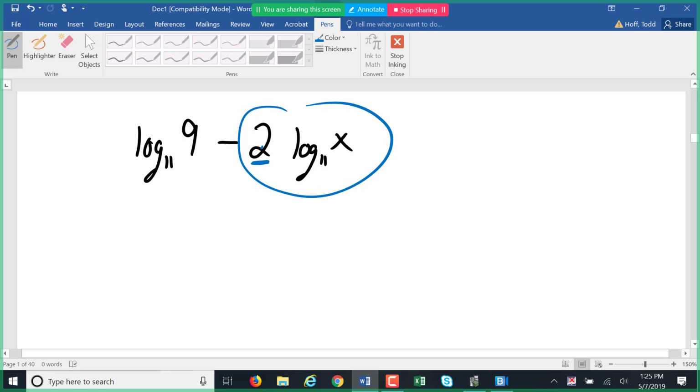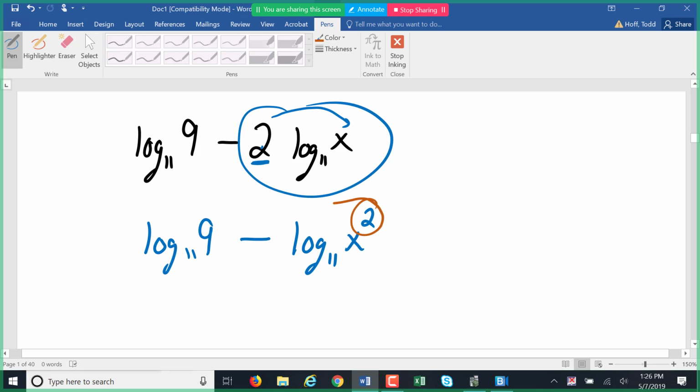That number multiplying the log can become an exponent of the object. So the log base 11 of 9 up front here, I'm not going to change, minus, this is going to become log base 11 of x squared. I'm reversing that process. Instead of taking the exponent out and putting it up front, I'm taking the multiplier up front and putting it back in an exponent.